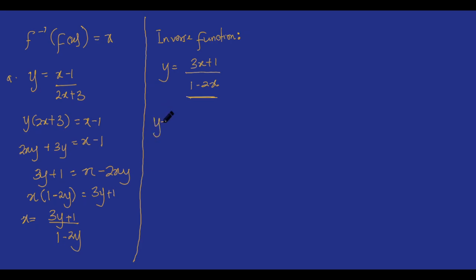So y will be equal to 3 multiplied by x minus 1 divided by 2x plus 3, which is our original function, plus 1, divided by 2 multiplied by... 2x plus 3, sorry, 2 multiplied by x minus 1 divided by 2x plus 3... plus 3.